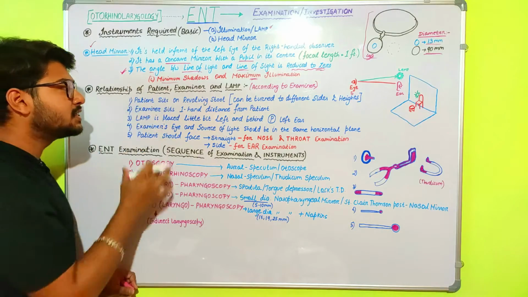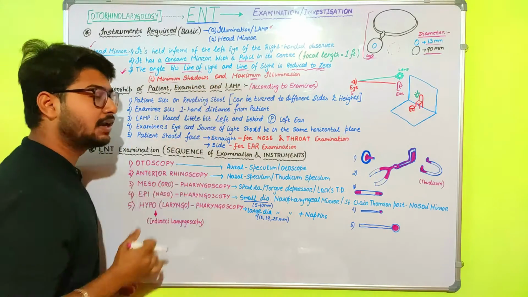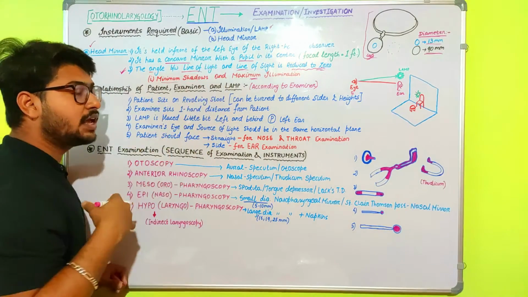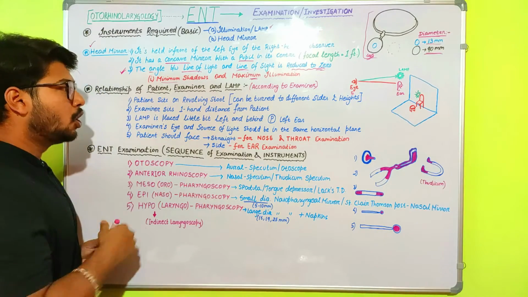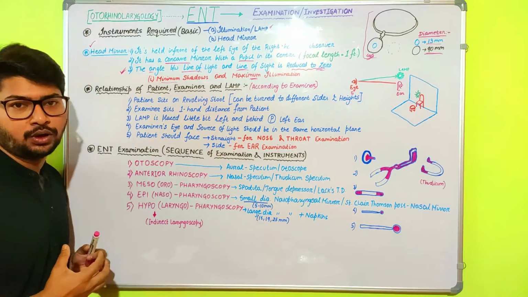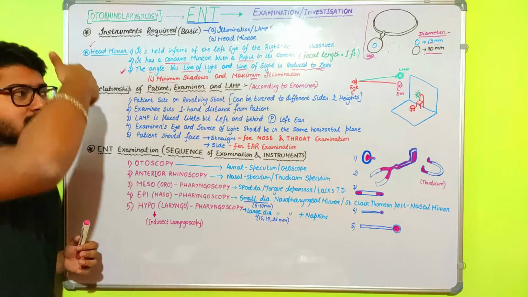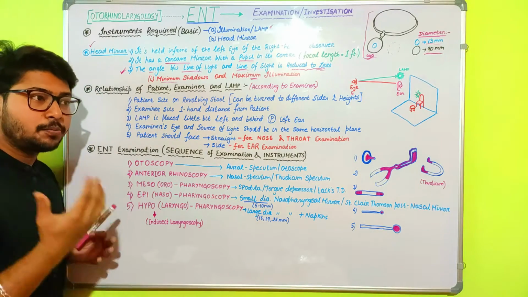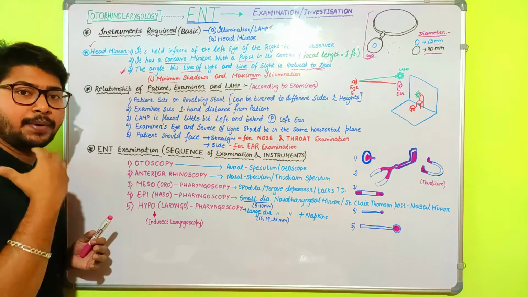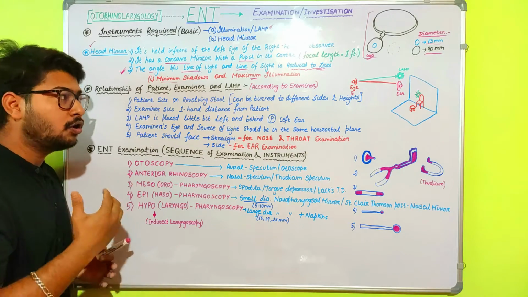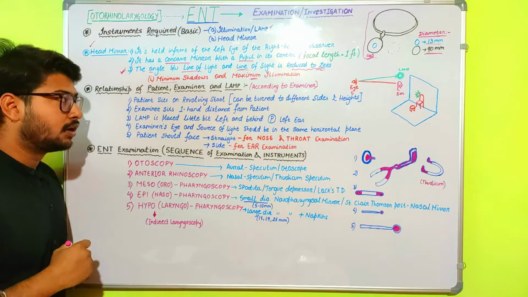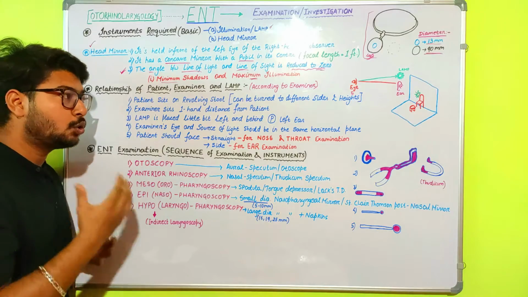Next, what is the relationship of the patient, examiner and the lamp? The lamp represents the illumination. So here comes a patient to you, and there should be a proper decorum that the examiner should follow while examining the patient. What is that relationship? We should know that.